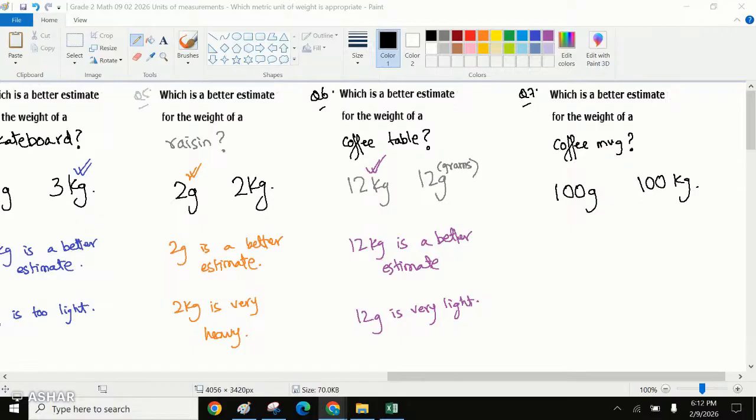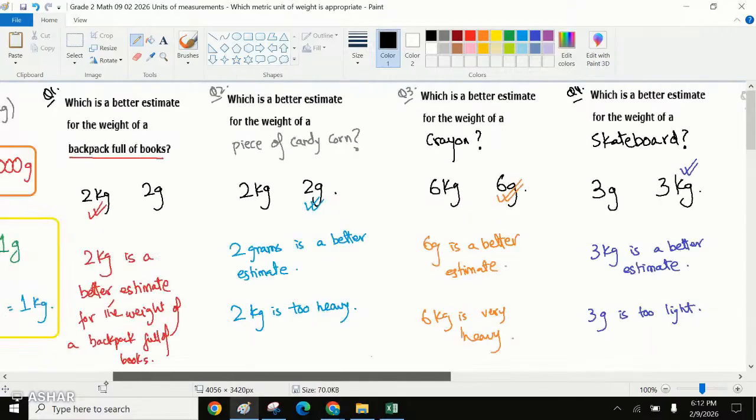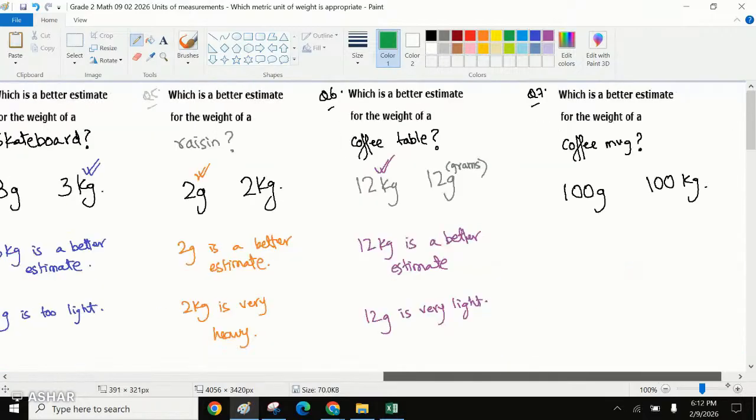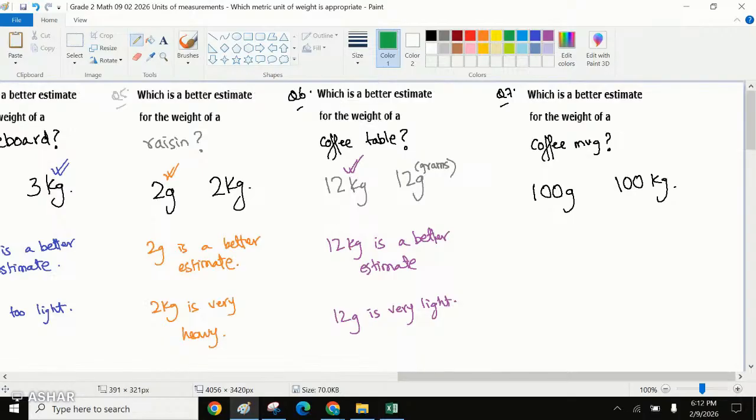See, we took an example that we considered 1 grain of rice to be 1 gram, and we considered one watermelon to be 1 kilogram. So can a coffee mug be heavier than 100 watermelons? No, it cannot be, right? So it has to be 100 grams.